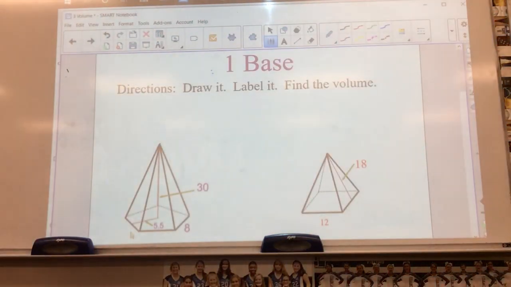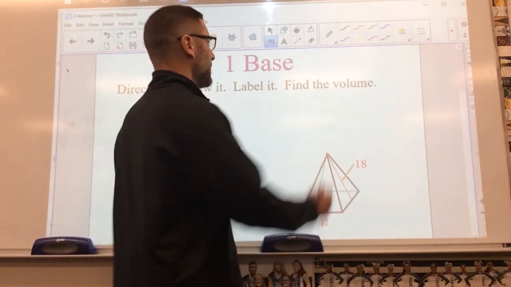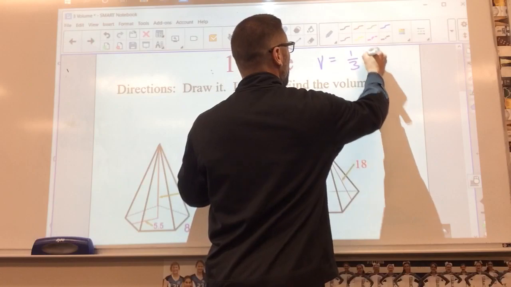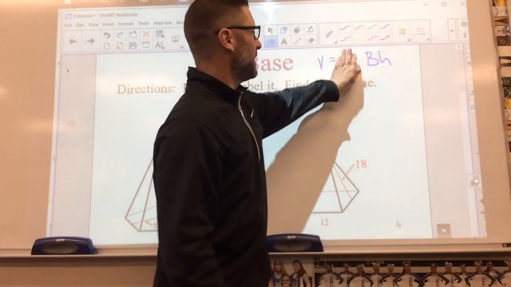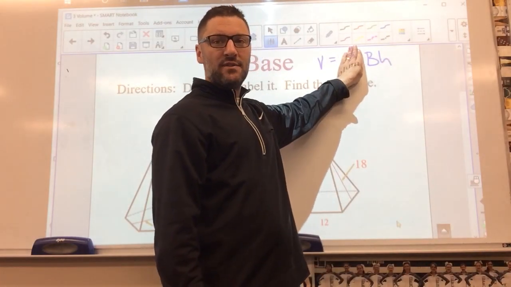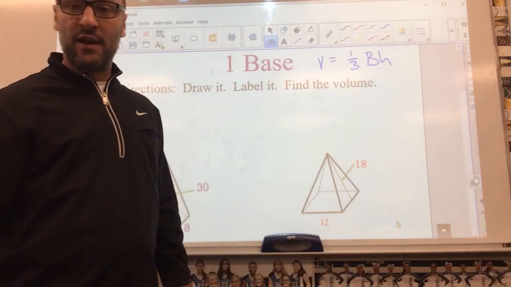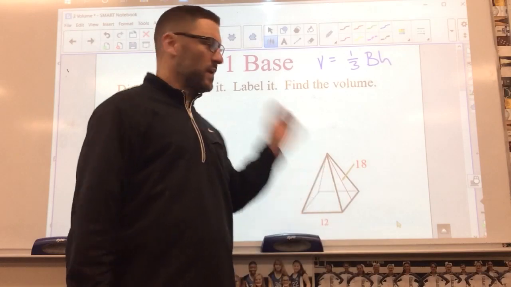So for all one base figures, we can say the volume is 1/3 of big BH. Big BH was the volume of our two base figure, and our one base figure has a volume that's exactly 1/3 as big, so we add the third in.